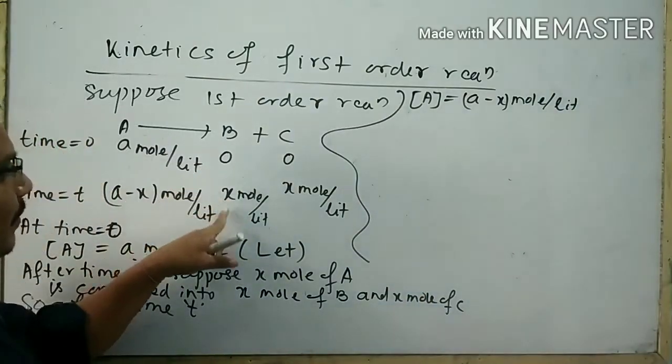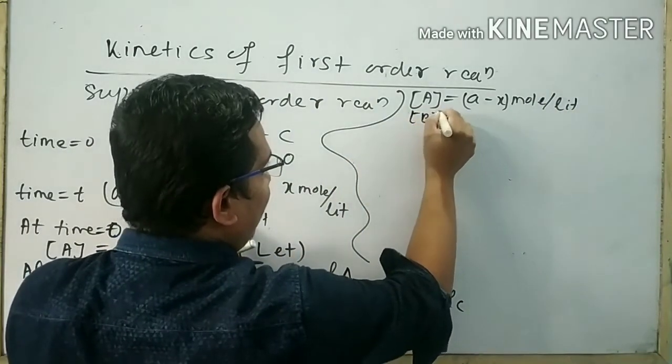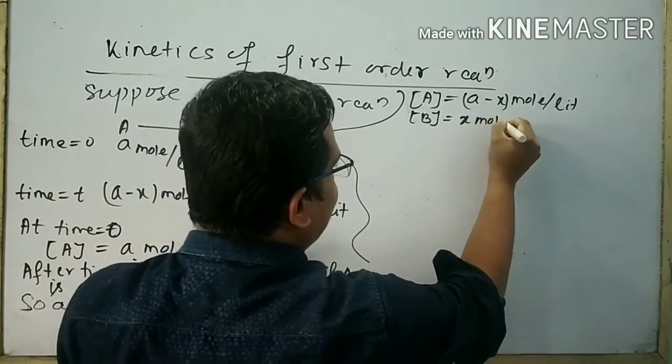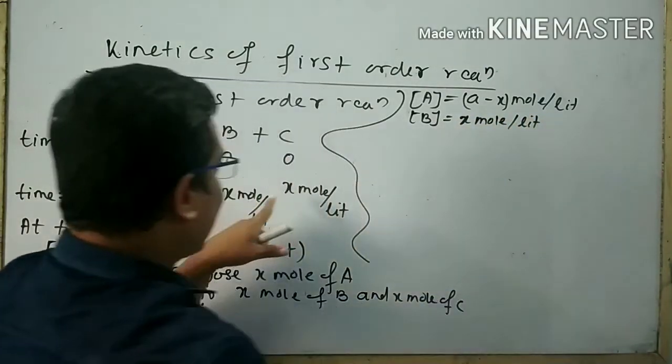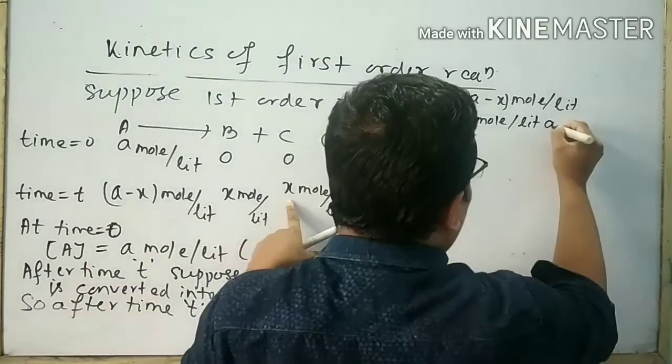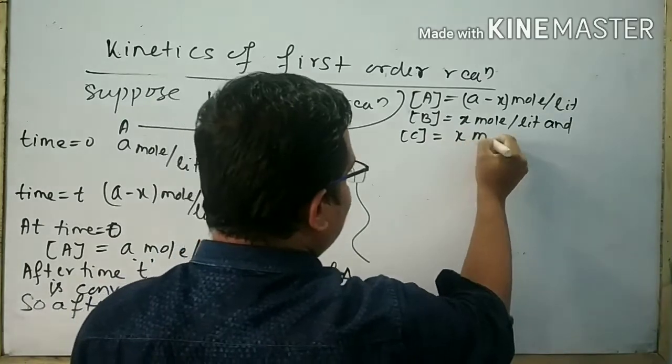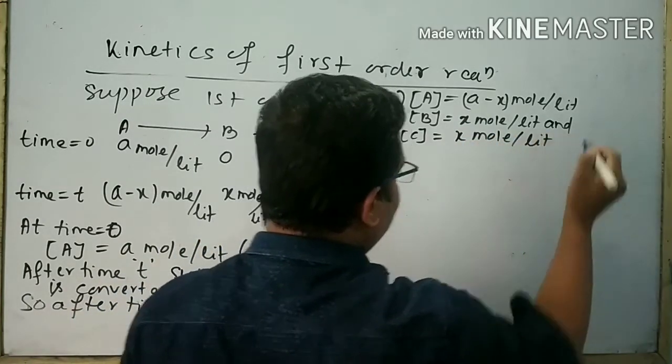The concentration of B equals x moles per liter, and the concentration of C is how much? x moles per liter.